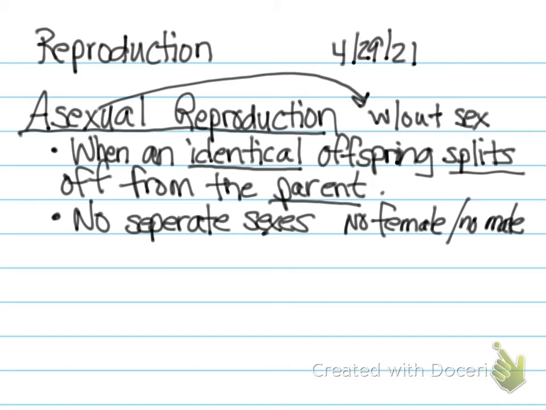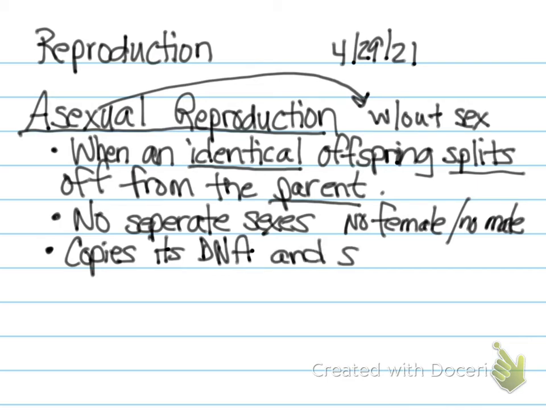So basically, here's how it works. When something reproduces asexually, it basically copies its DNA and splits.